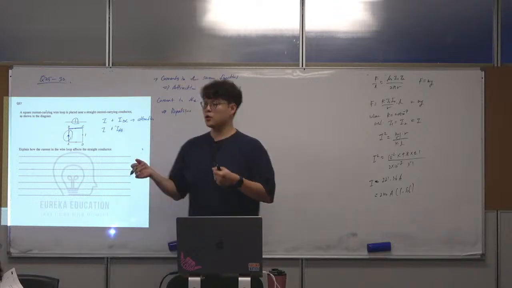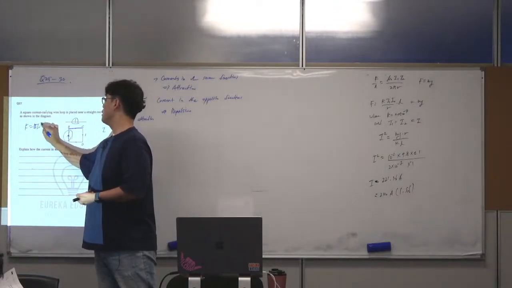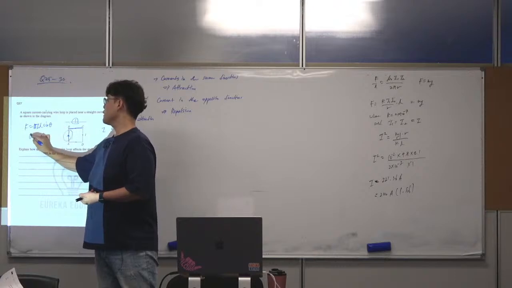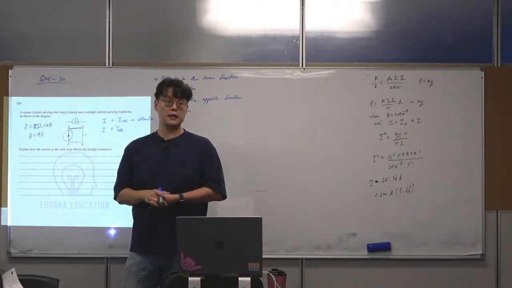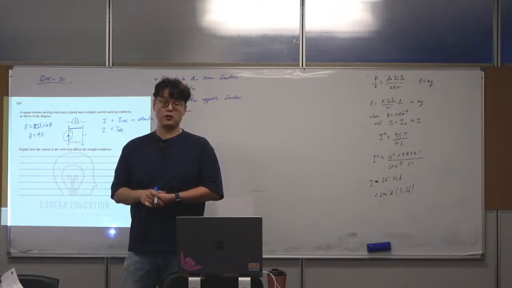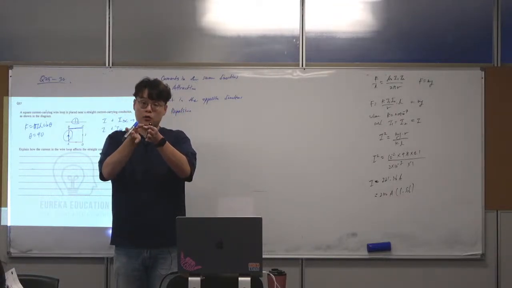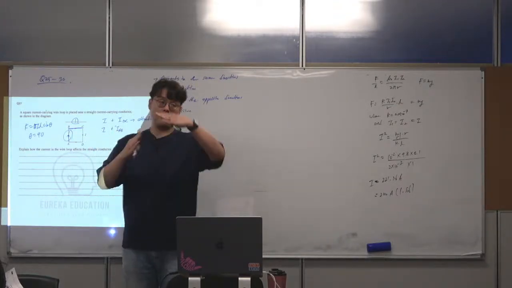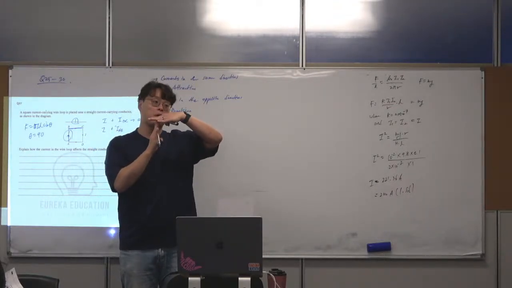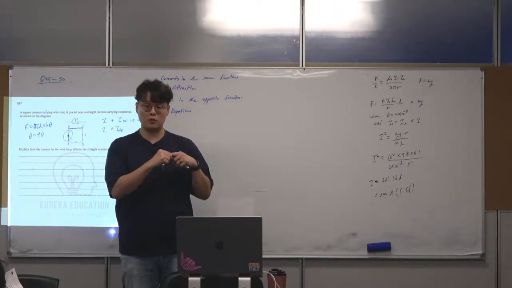According to F equals BIL sine theta, when the theta is 90, sine is 1. That's when the magnetic fields are perpendicular to each other. But in this case, two wires are perpendicular to each other, and because of the direction of the magnetic field produced, they would not be interacting with each other.